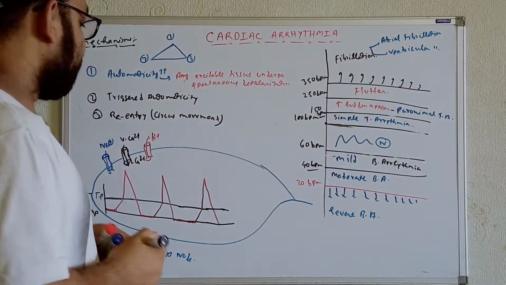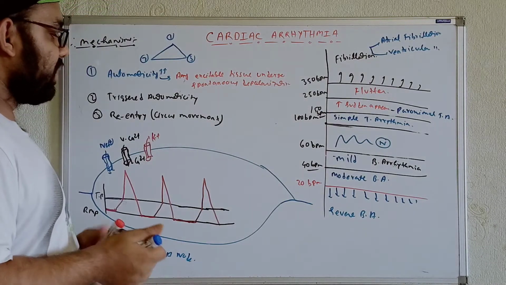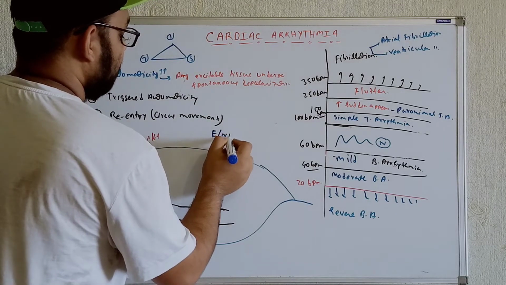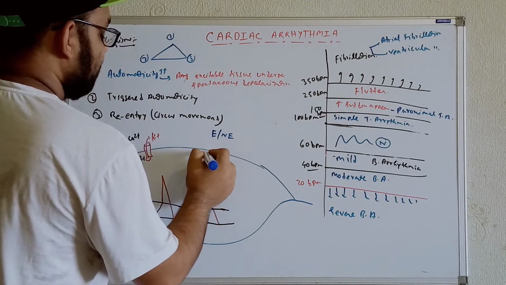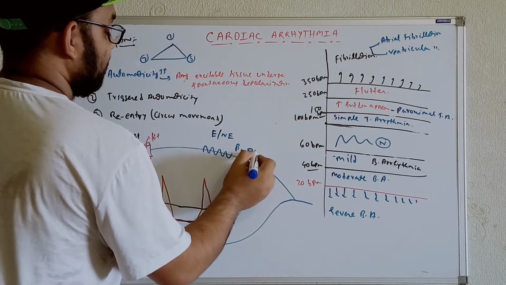Now see, for whatever reasons, if there is activation or overaction of epinephrine or norepinephrine, because we know that within the heart there is the presence of what? Beta 1 adrenergic receptors.